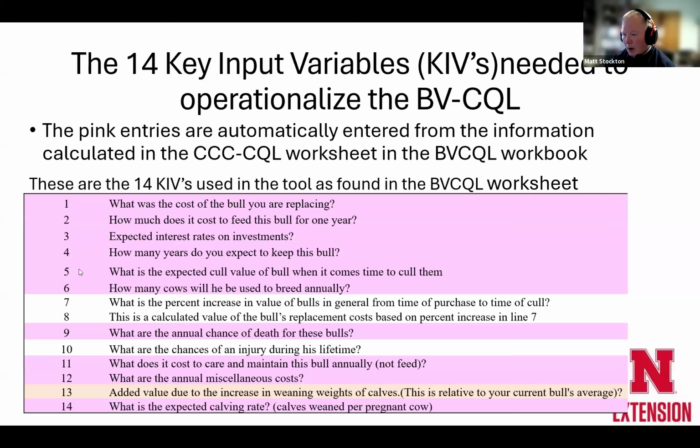Okay. The cow value we talked about, how many cows will be used? Randy, how important is this? The cows per bull makes a big difference in spreading that cost over several calves. If he breeds 25 cows versus 40, it's going to reduce the cost per calf just because you get more calves out of him.